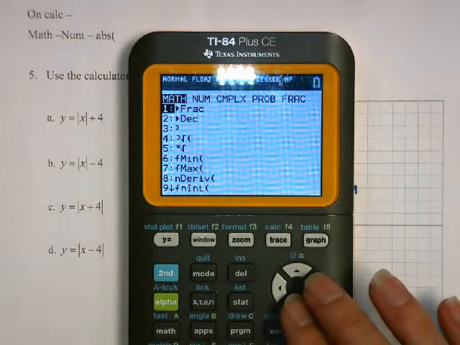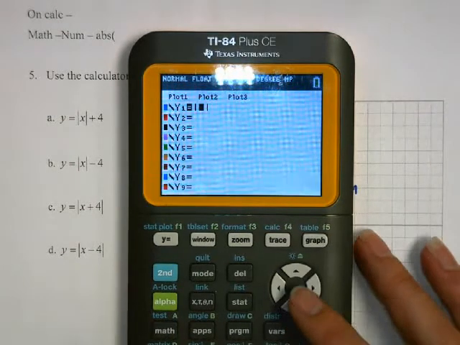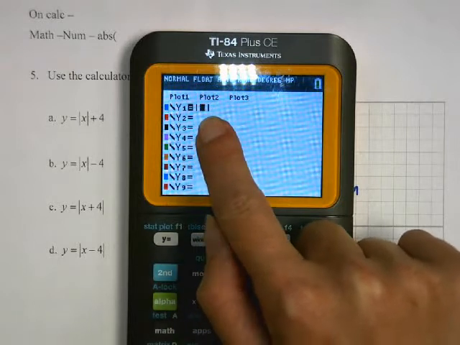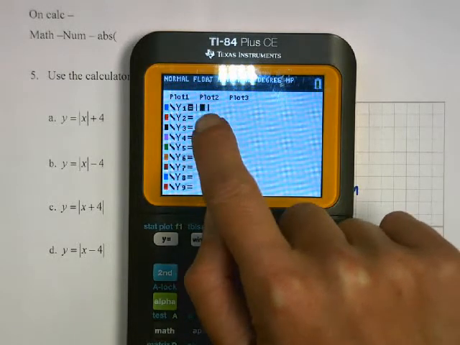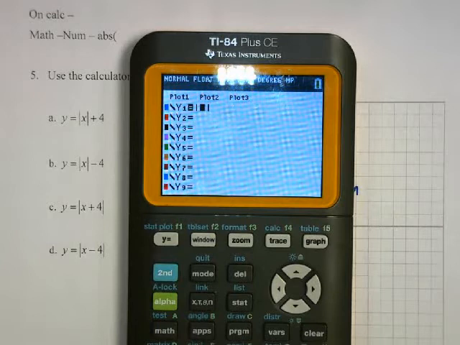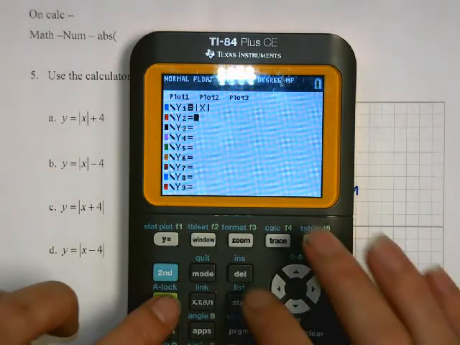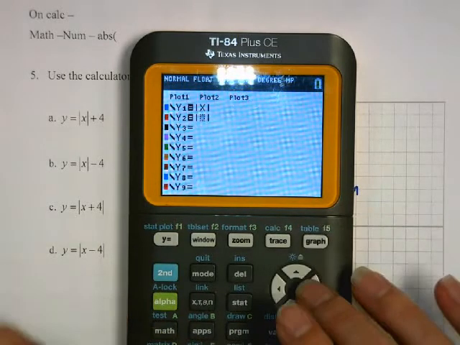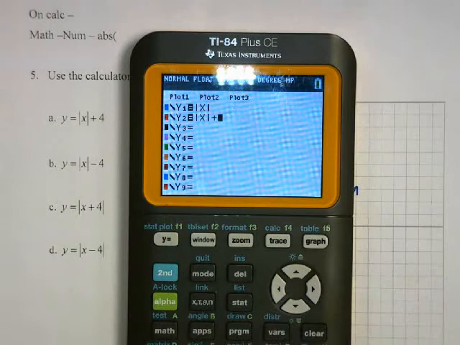If I go to Math, Number, Absolute Value, some of your calculators will show it as absolute value. Some of them, it'll just be ABS. So we're going to do the absolute value of x, and then I'm going to do the absolute value of x plus 4.